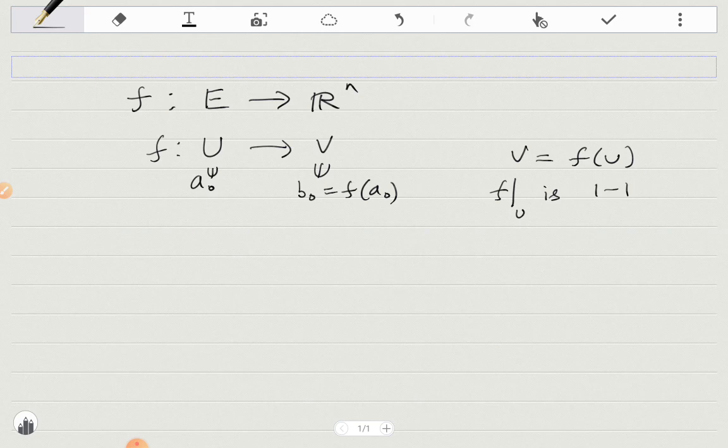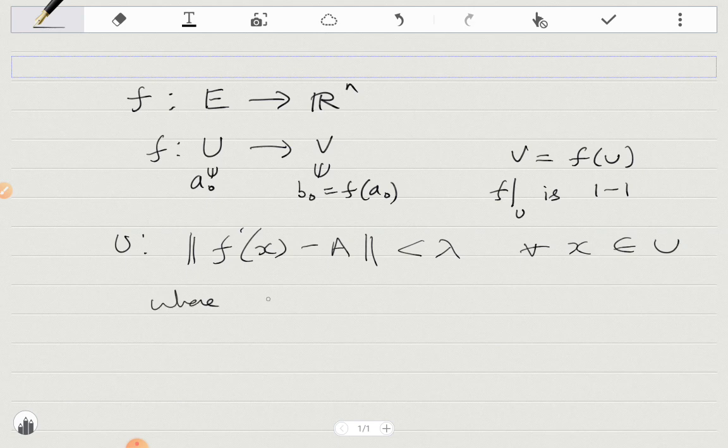The defining property of U was that the norm of f prime x minus A is less than lambda for all x in U, where A equals f prime A naught, and lambda was 1 over 2 times norm of A inverse.